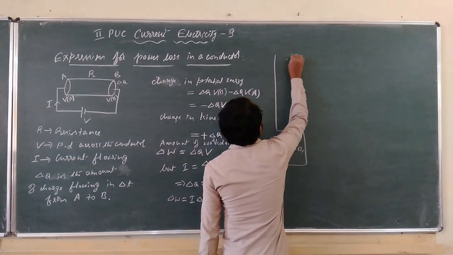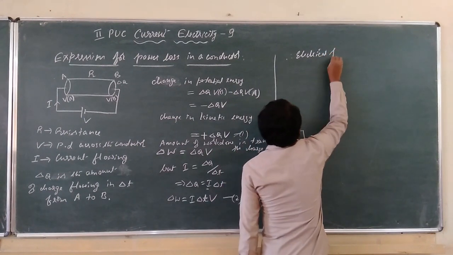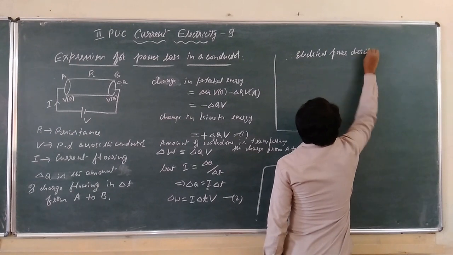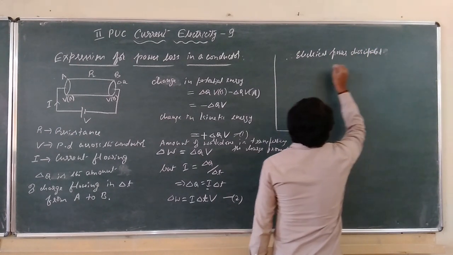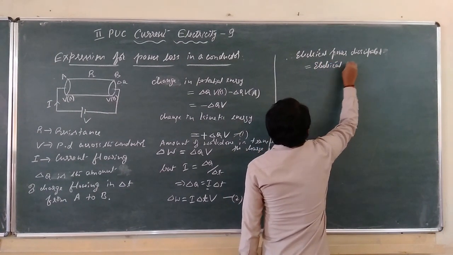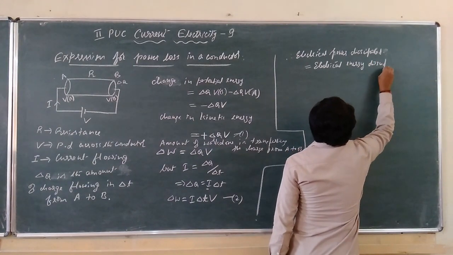So what is the electrical power dissipated? Electrical power dissipated is nothing but electrical energy dissipated per unit time.